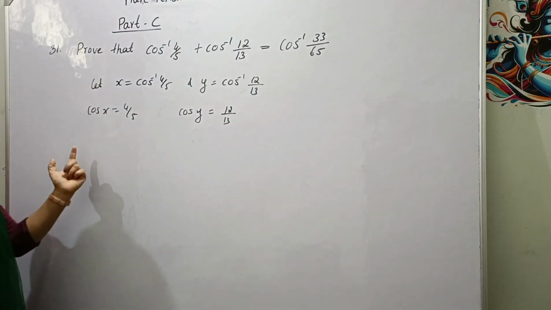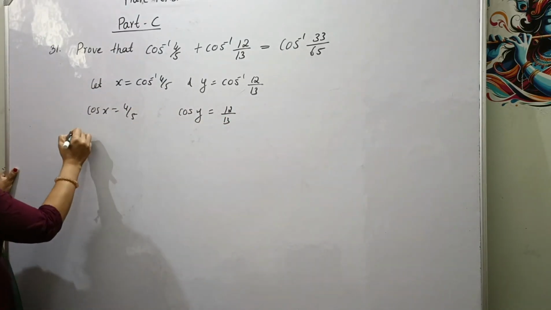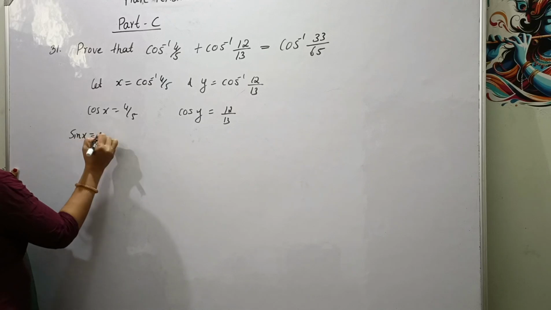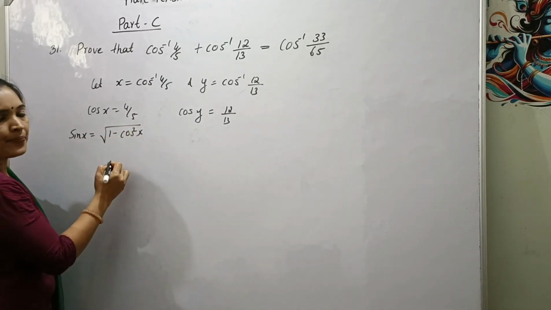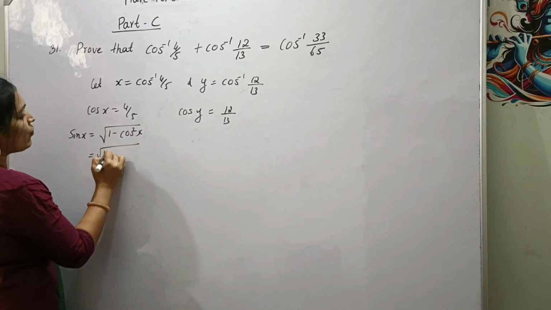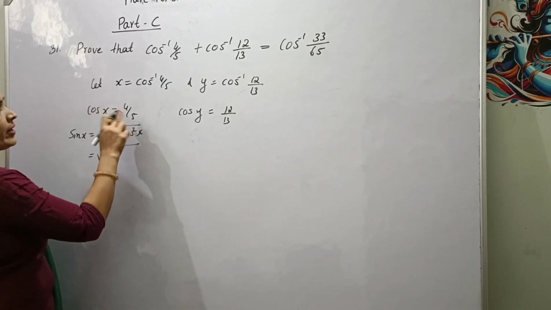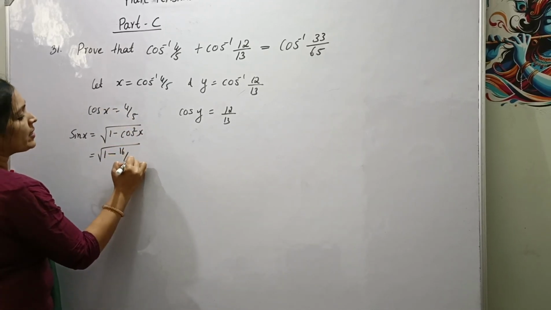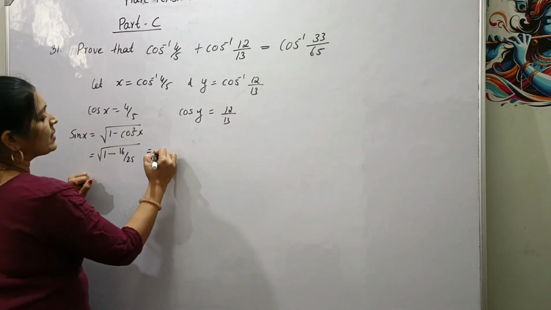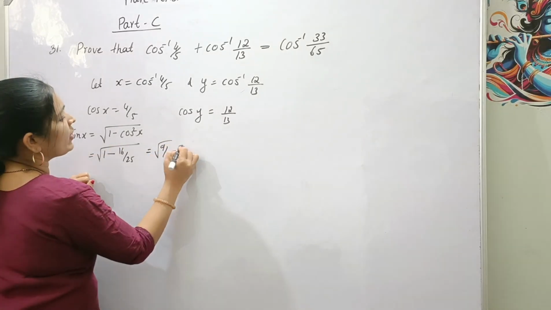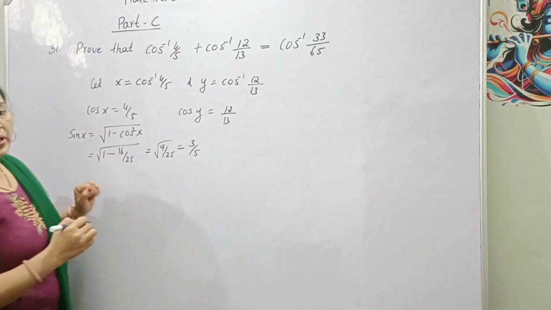Now let's find sin x and sin y. Sin x is square root of 1 minus cos square x, that is equal to square root of 1 minus 16 by 25, that is square root of 9 by 25, that is 3 by 5.